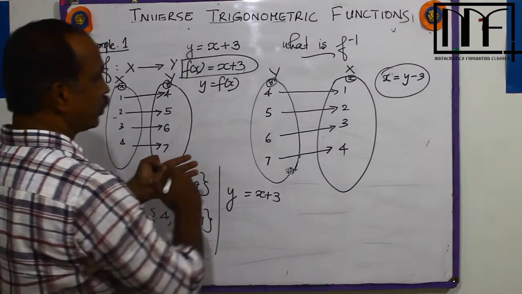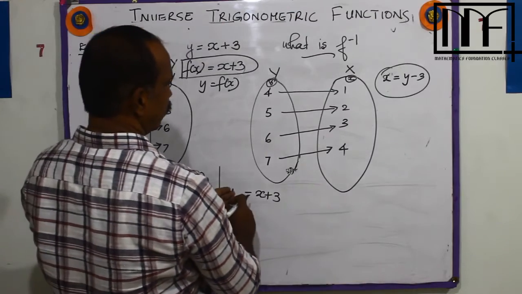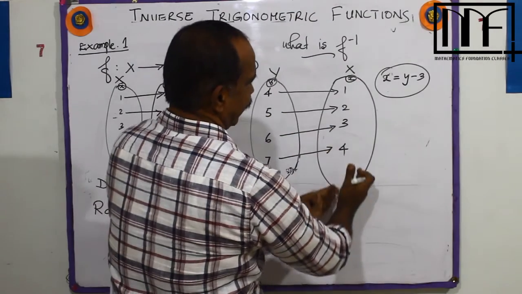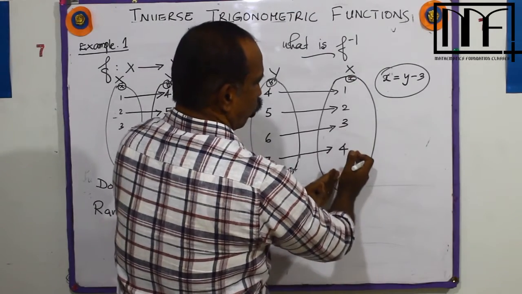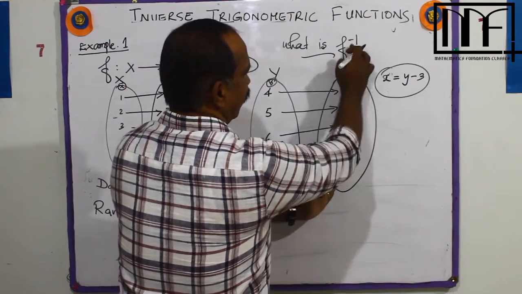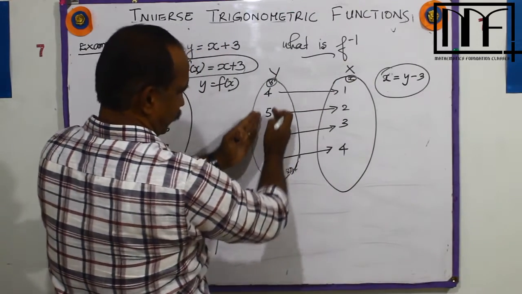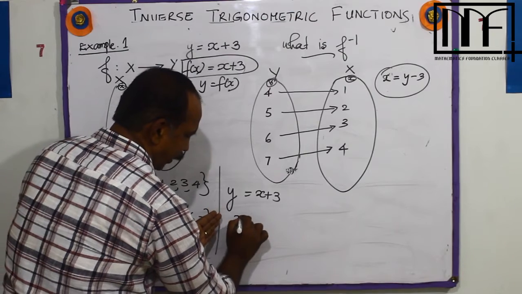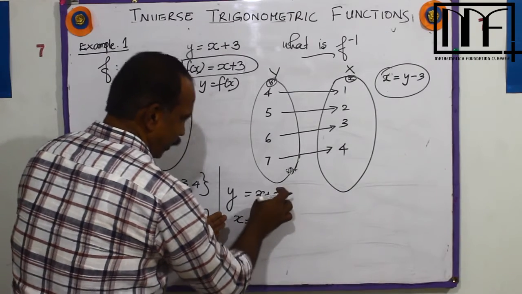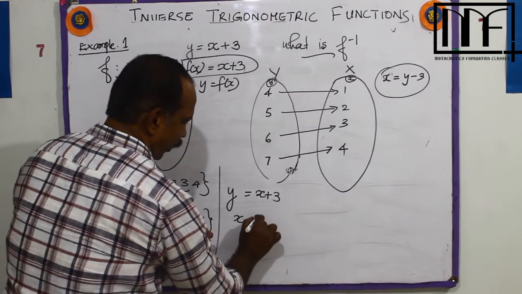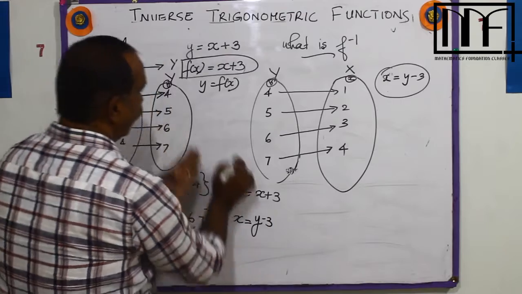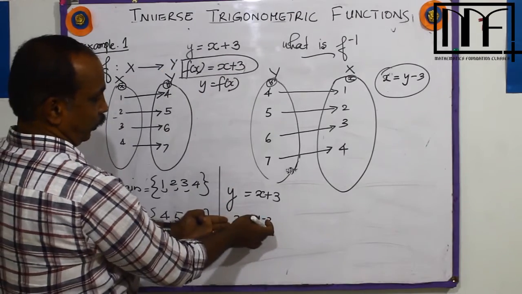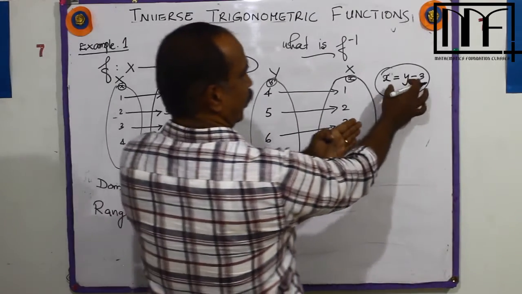When we switch, we just interchange them: x represents the codomain, the range elements in f inverse, and y represents the domain. Therefore here we need to find x. X is equal to, take 3 to the other side, y minus 3.